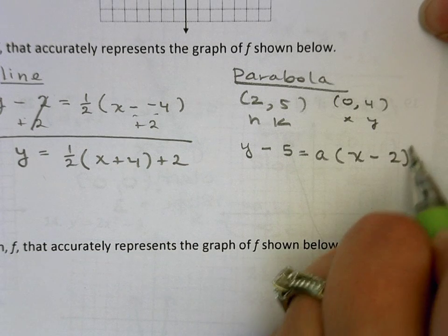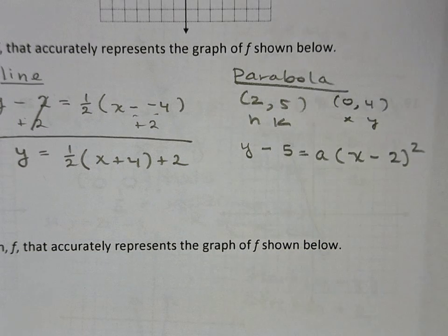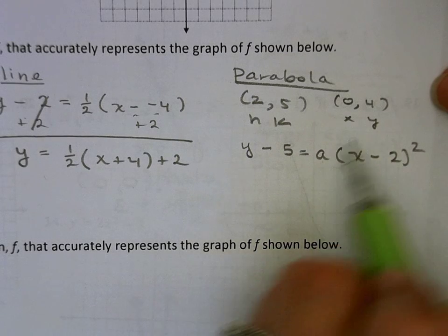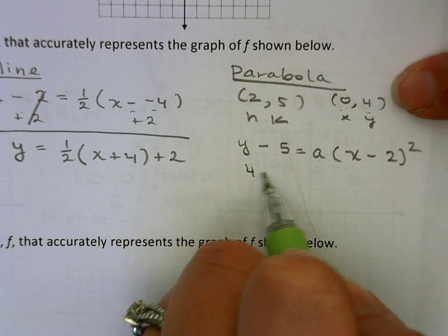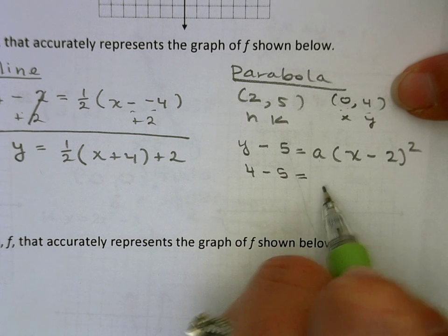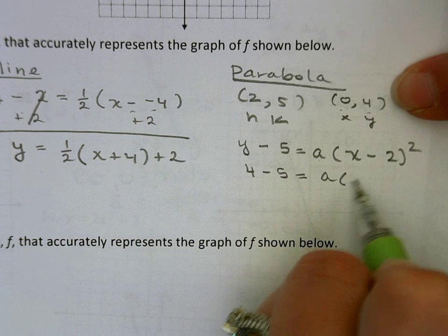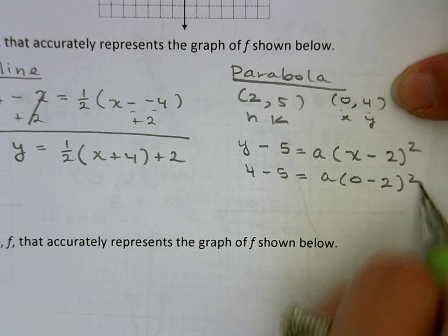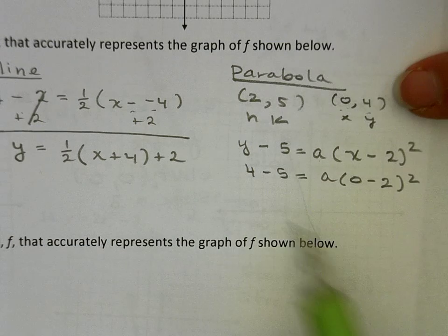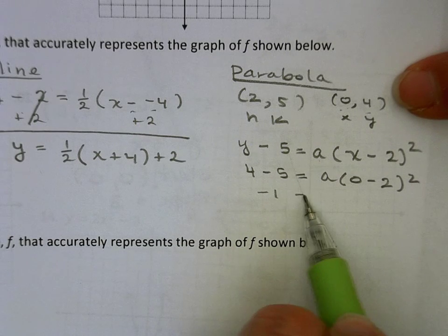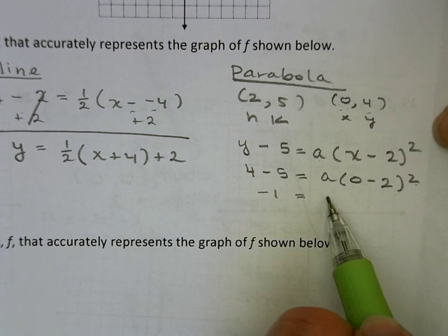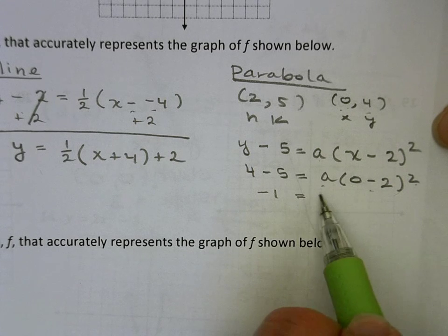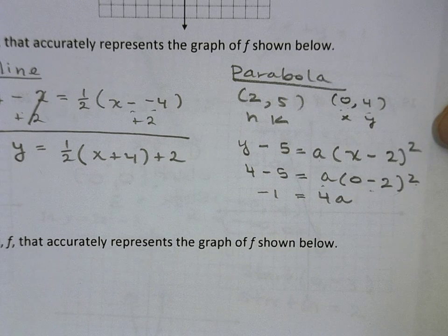Now I have to solve for a, so I need to replace x and y. I'm going to put 4 minus 5, so replace y with 4, and then replace x with 0. 4 minus 5 is negative 1, and then this is negative 2 squared, which is positive 4. So negative 1 equals 4a, and then divide by 4.